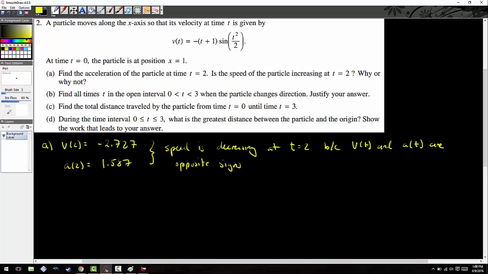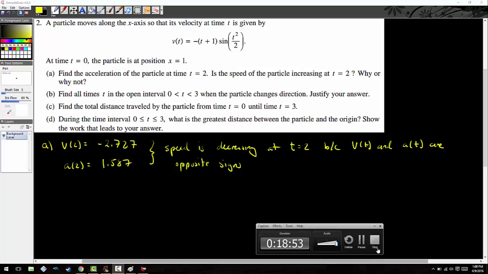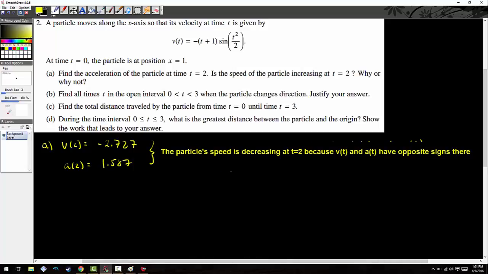And I will go and clean that up right now, actually. I will not handwrite that. Give me a second. And there you go. So, the particle speed is decreasing at t equals 2 because v of t and a of t have opposite signs there. Okay? Sweet. Let's move forward to part B.